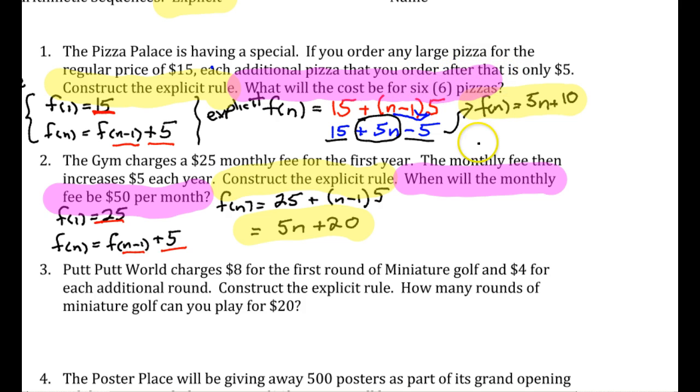So you're trying to find cost. Usually when you're finding cost, that just means plug in the value they give you. So you're going to plug in 6 for n, 5 times 6 plus 10, which equals 40. So if 6 pieces cost $40, pretty reasonable.